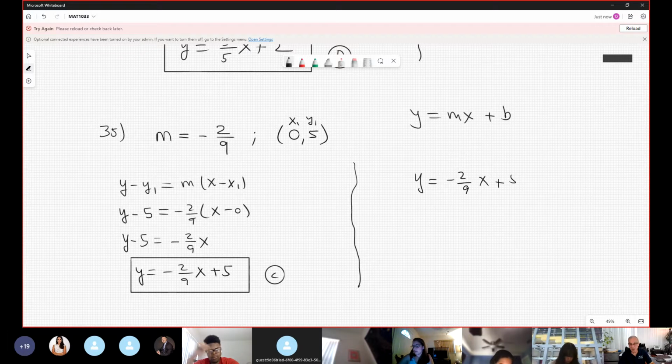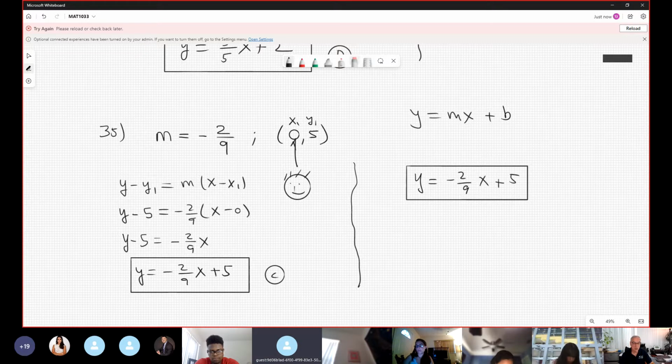You don't need to do anything. But this is only a valid idea when this is a y-intercept, when it's 0 here. See, if it's not 0, no. Because 0 is the y-intercept, and b is the y-intercept.